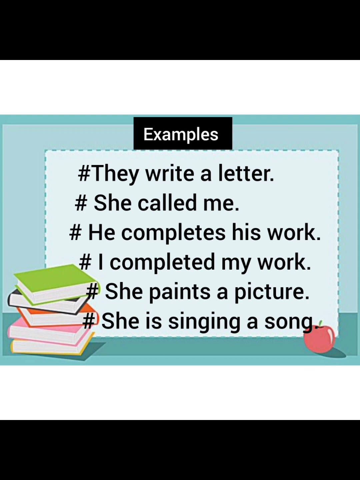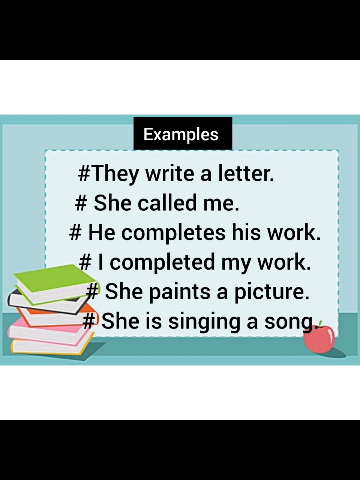In this case, it is a transitive verb. I completed my work. Now, I is subject, completed is verb, and my work is a direct object here. She paints a picture. She is subject, paints is verb, a picture is your noun phrase. So, in this case, paints is a transitive verb.